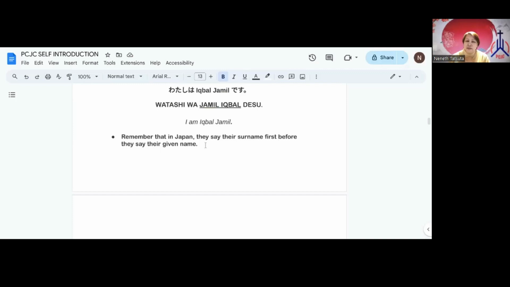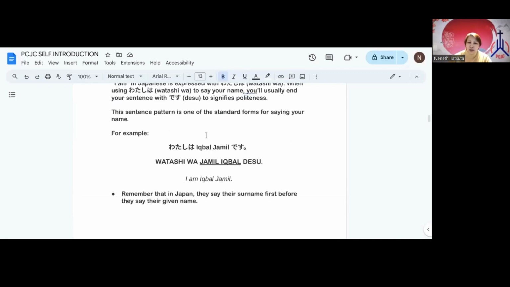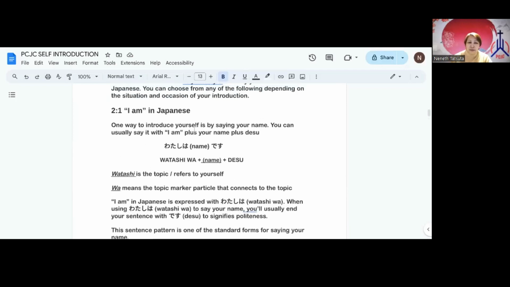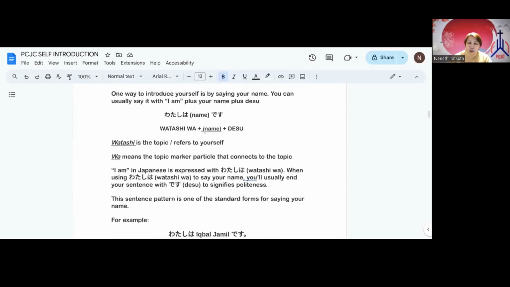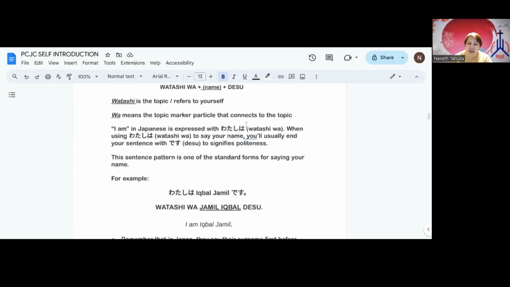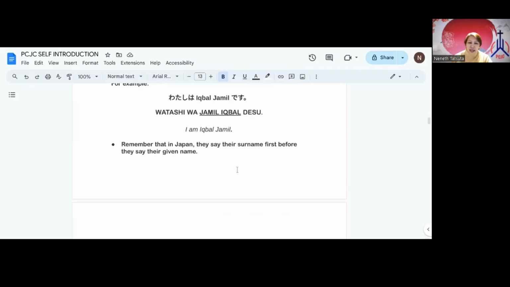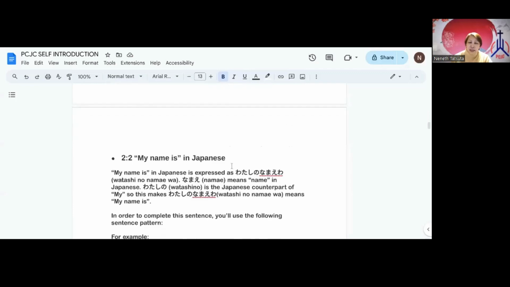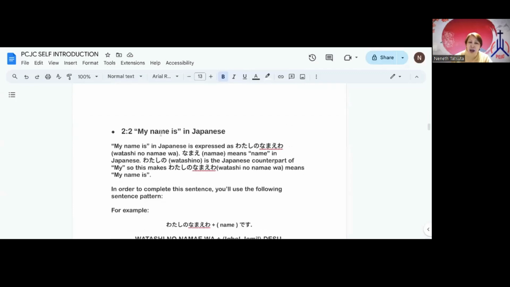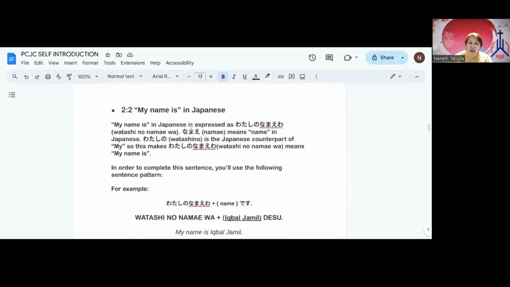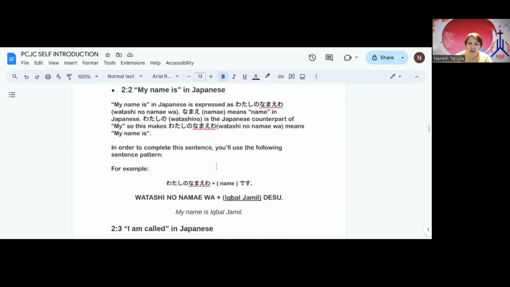The surname comes first before the given name. So, that is one way you are going to give your name: watashi wa, name, and then desu. Another way of saying your name is my name is in Japanese. Now, in my name is, this is the pattern.